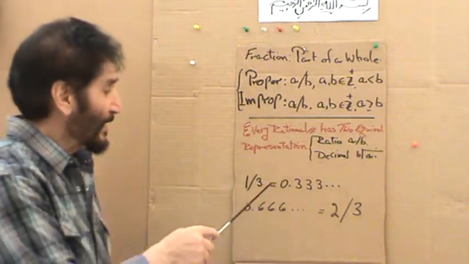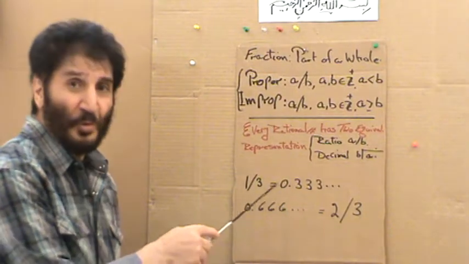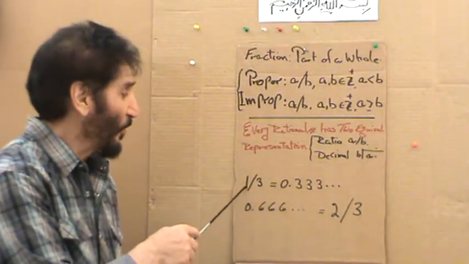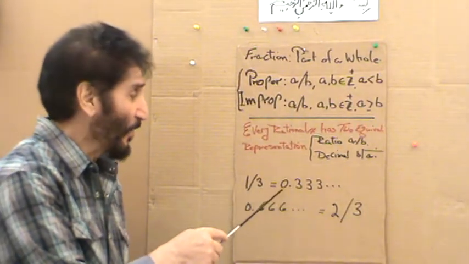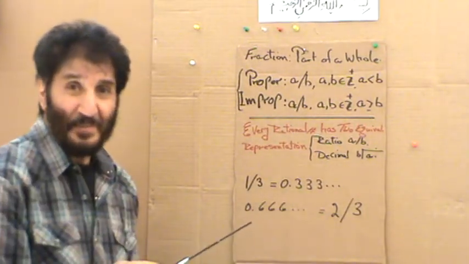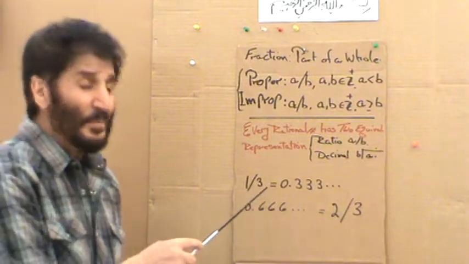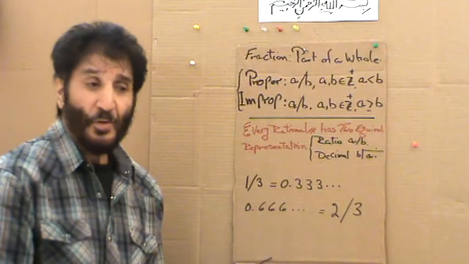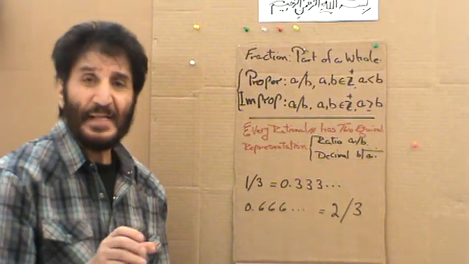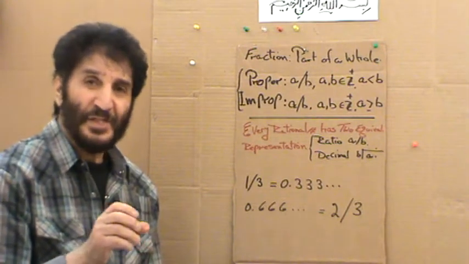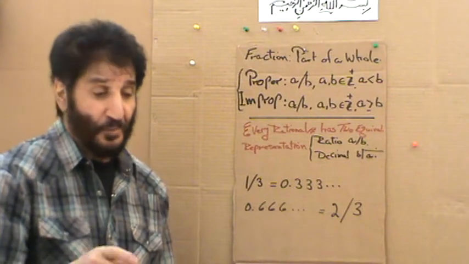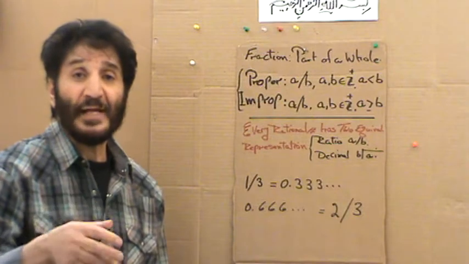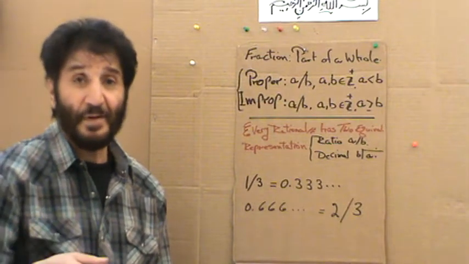Now, for instance, you see 1/3: two representations of the same number. One is in the form of A over B, and the other is the decimal representation. The decimal representation of a rational number always has a repeated pattern of digit or digits. Sometimes the length of the pattern before it starts to repeat could be 10, 100, 1,000, even a million or billion.